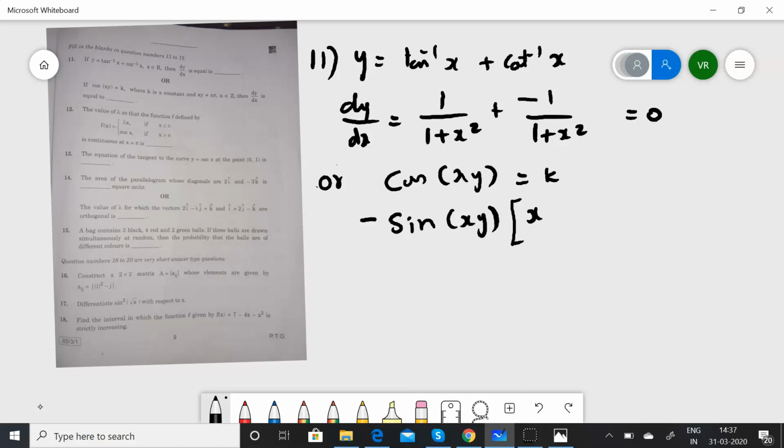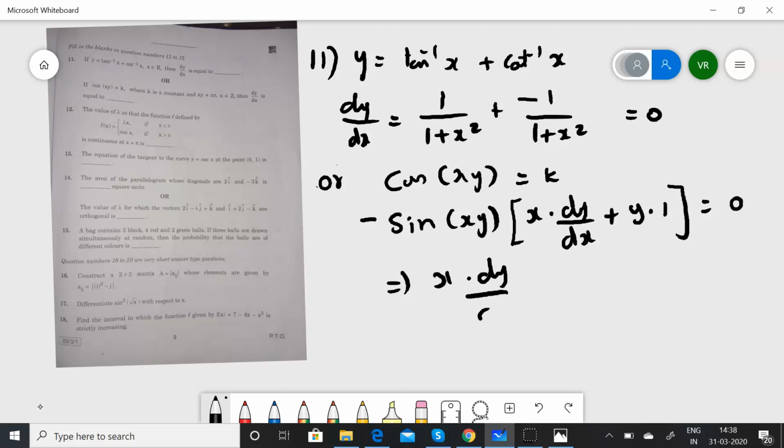So u is x, differentiation of y is dy by dx, plus y into differentiation of x is 1, and differentiation of the constant term is 0. This implies the sin can go to that side and it becomes 0, so it becomes x into dy by dx plus y equals 0. This implies dy by dx is equal to minus of y by x.